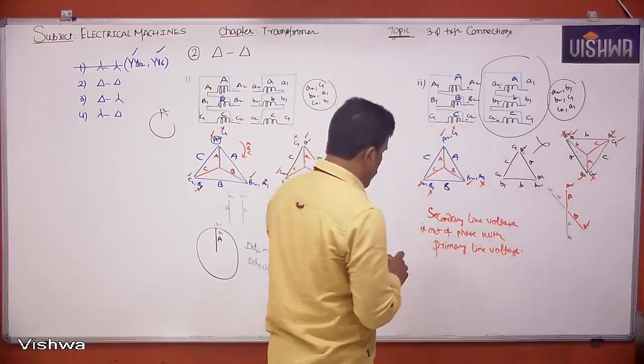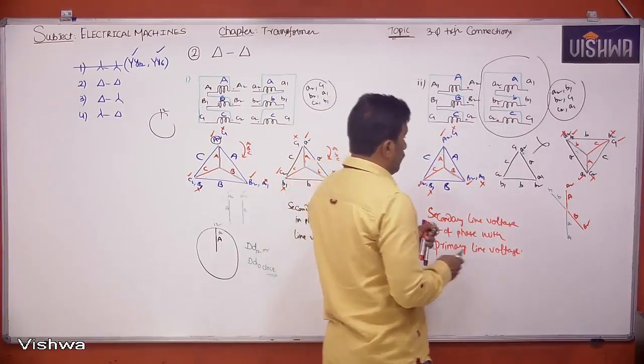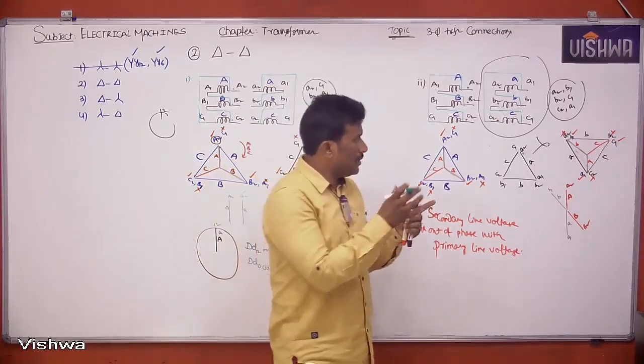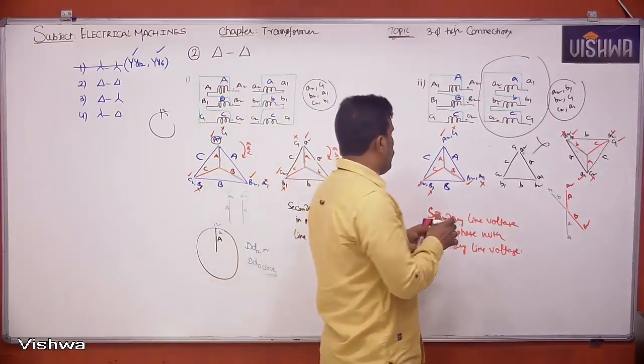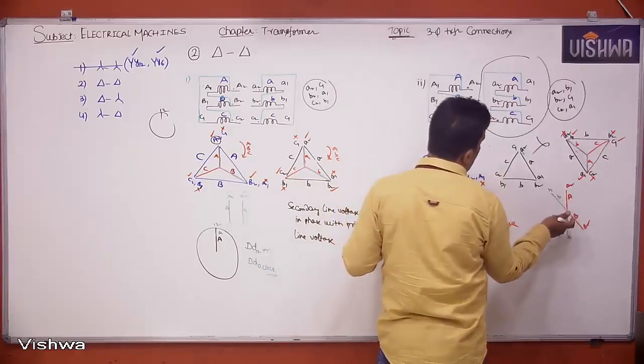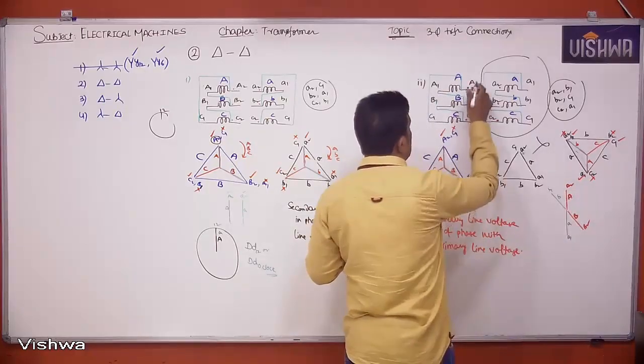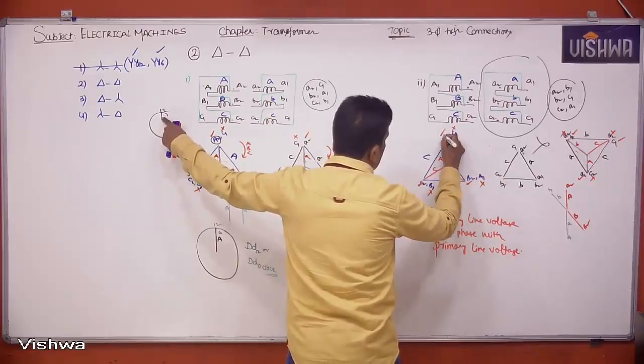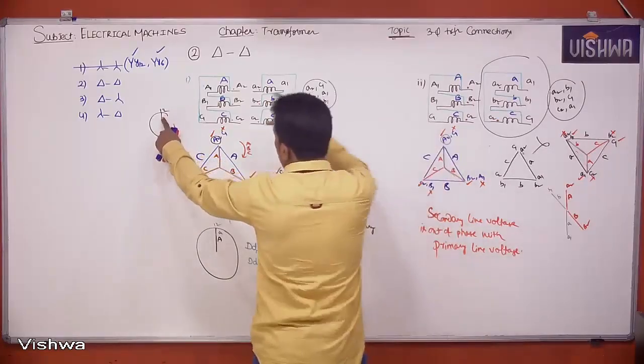And here one thing you have to understand. For telling the time with respect to clock, you should always compare small a with capital A. I told you, because in a clock, 12 is the reference for us. In the primary side, A2 I take as reference. A2 is at the 12 o'clock place.